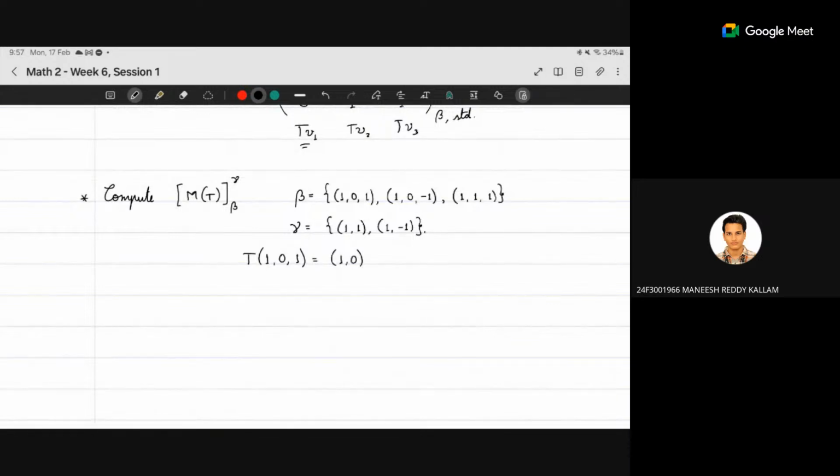What are the coordinates of (1, 0) in terms of gamma? How do I express this as a linear combination of (1, 1) and (1, minus 1)? Half multiplied by half. So this vector (1, 0) in the new system is actually (half, half).